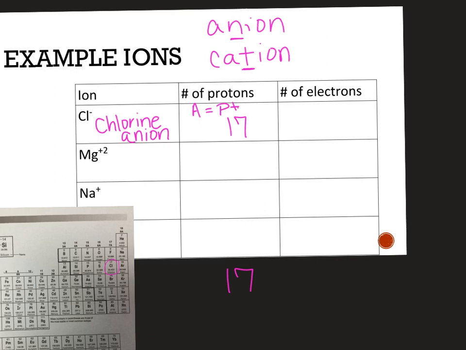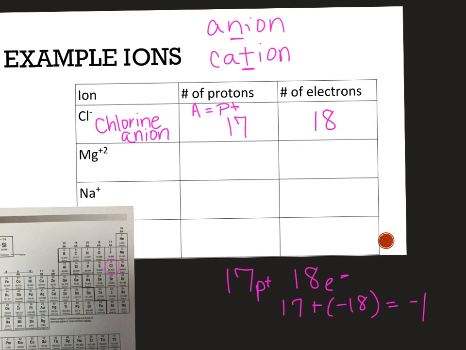Do we want a bigger number of electrons or a smaller amount of electrons? The answer is we want a bigger number of electrons. So we could have 18 electrons. So if we have 17 protons, 18 electrons, you're really looking at it being 17 plus a -18 would give you a -1. So it's a little bit of algebra class kicking in now, okay? So number of electrons is going to be 18. The idea is that your number of electrons was greater than your number of protons to get you that number.